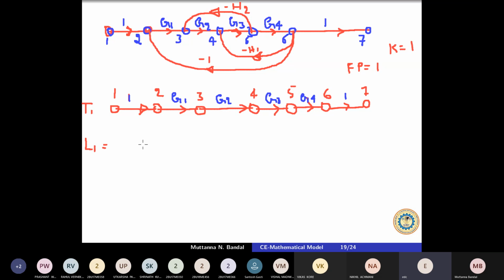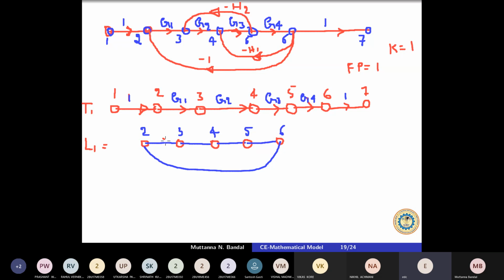So let me draw it. So there is a 2, then 3, 4, 5, 6, and 7. So I will number it as from 2, 3, 4, 5, 6.